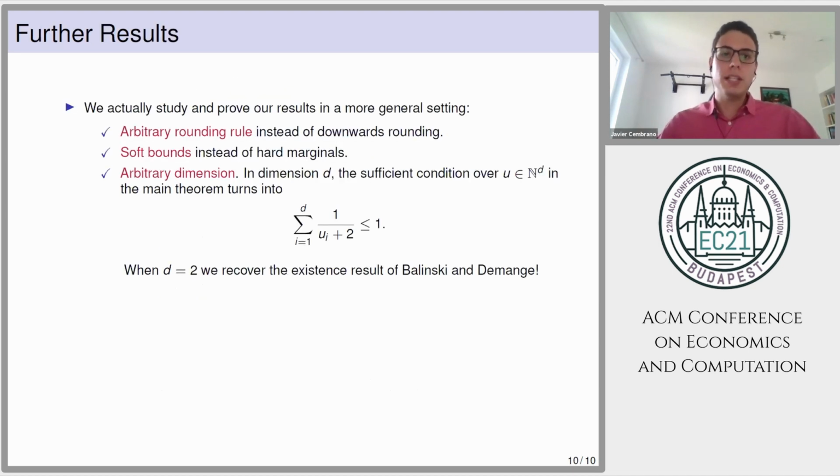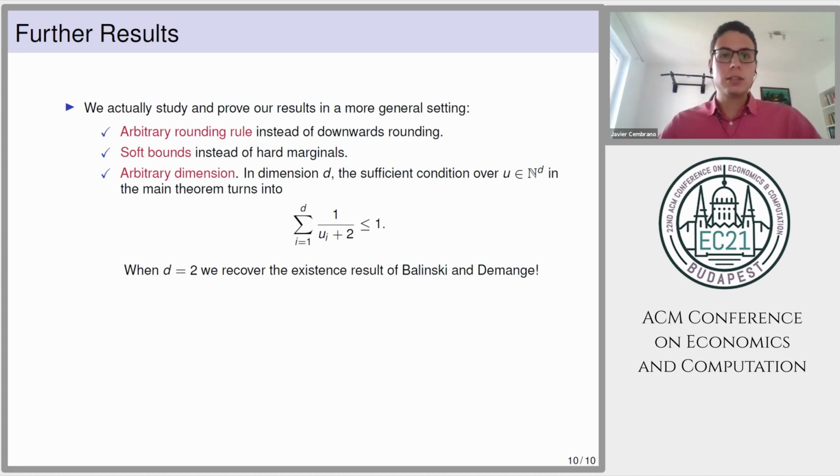So I would like to finish the presentation by mentioning some important further results. In the first place, an important observation is that we actually study and prove the results in a more general setting, in 3 senses. First, we study the problem with an arbitrary rounding rule instead of downwards rounding. So instead of considering downwards rounding, we could consider, for example, nearest integer rounding, or the so-called Webster-Sainte-Laguë method in apportionment theory.